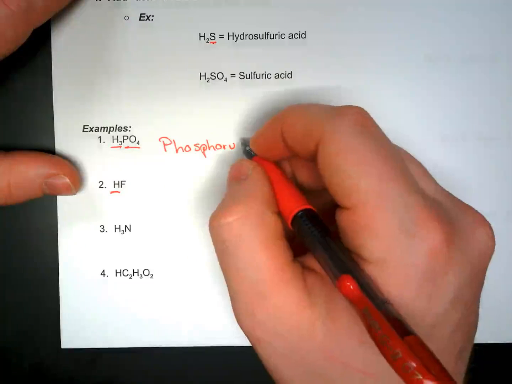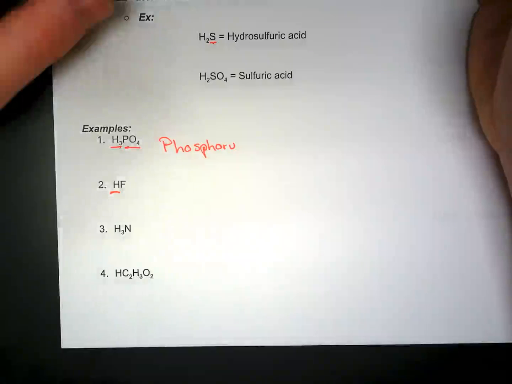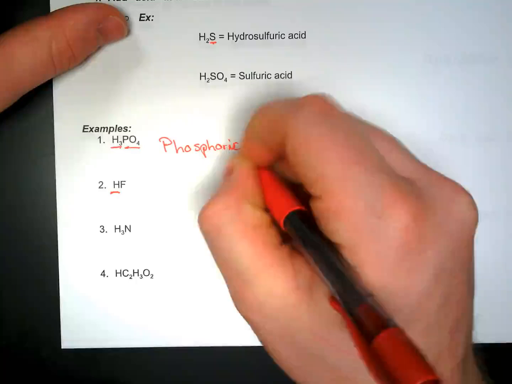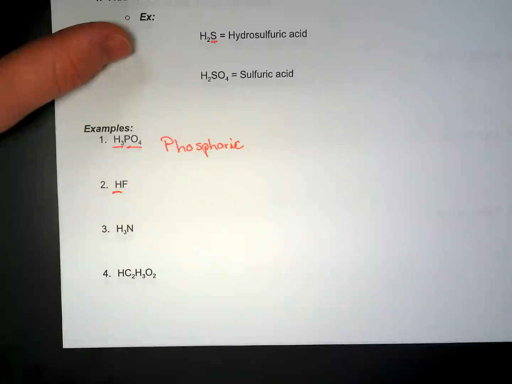Now, this is where I'm going to give a lot of leeway again. These should be acids that you're familiar enough with that you should recognize or hear, like, phosphorus acid doesn't sound right, but phosphoric acid sounds right. Which would be exactly correct. We would drop the US at the end and add the IC.